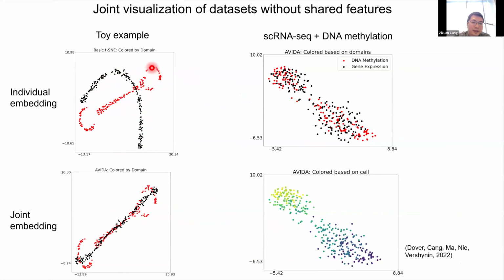But for the red data set, there are some local features. For example, there are two small loops on the end. As a result, we're able to integrate the global structures of the two data sets and also show this tiny detail structure that was only present in one of the two data sets.